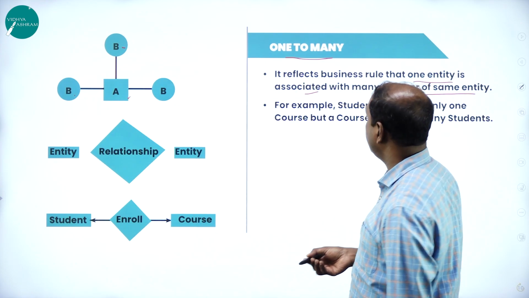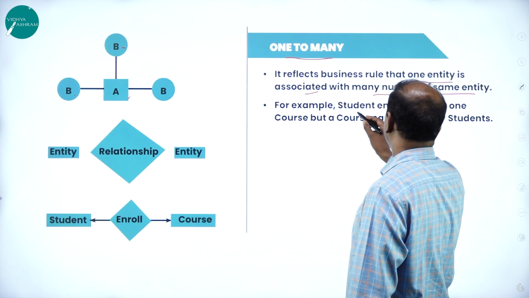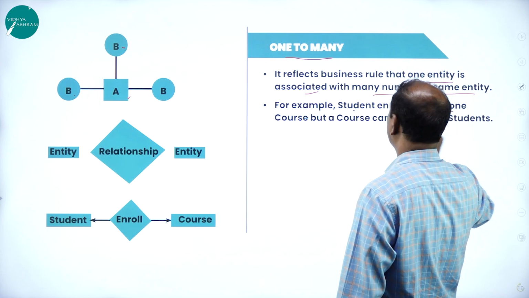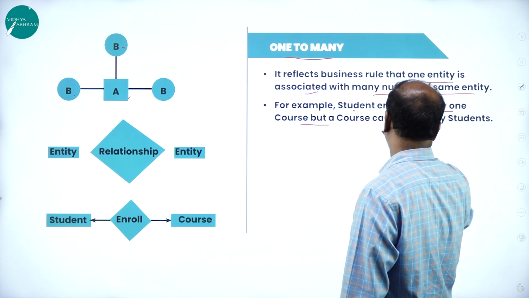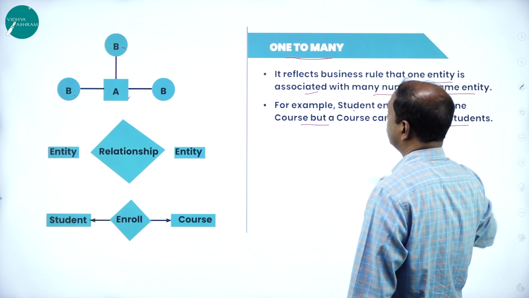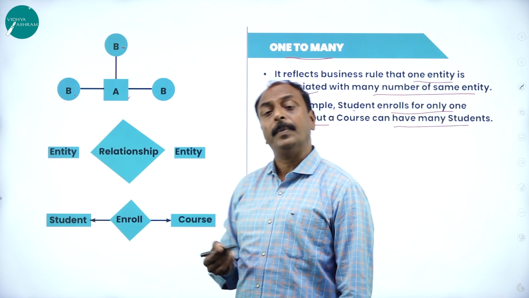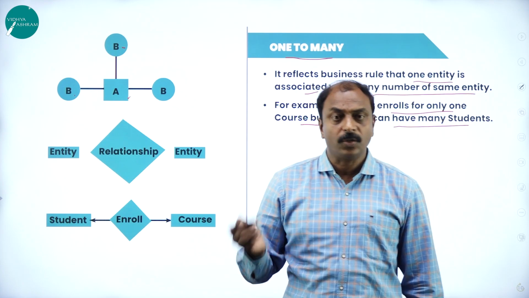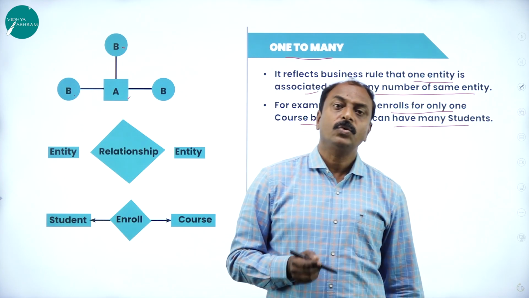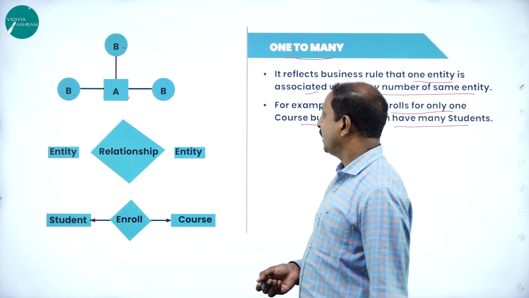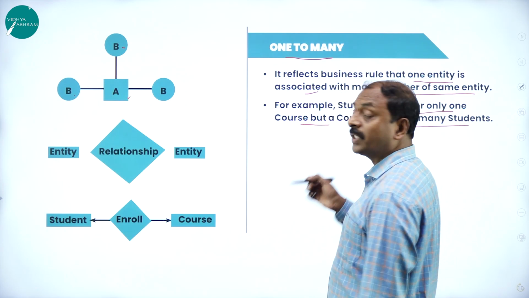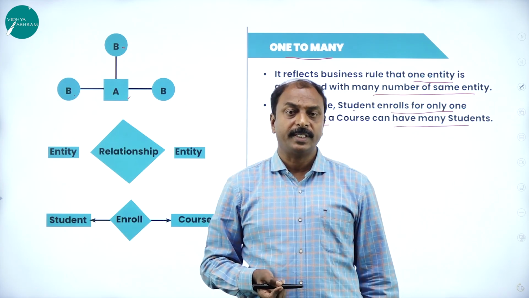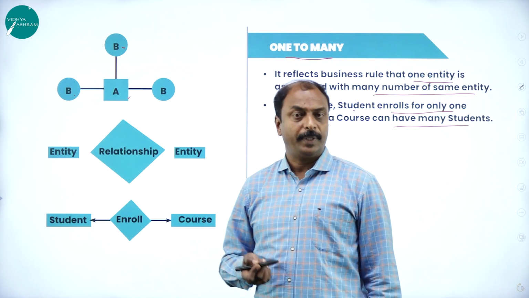For example, a student enrolls for only one course, but a course can have many students. Here one student can enroll only for one course, and that is a one-to-one relationship. But similarly, a course can have a number of students, and that is a one-to-many relationship.